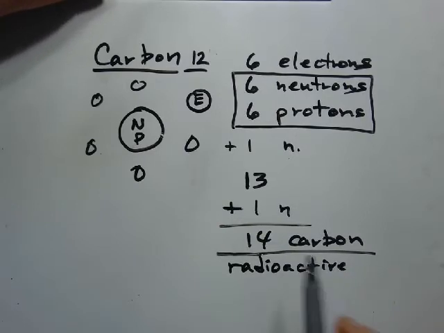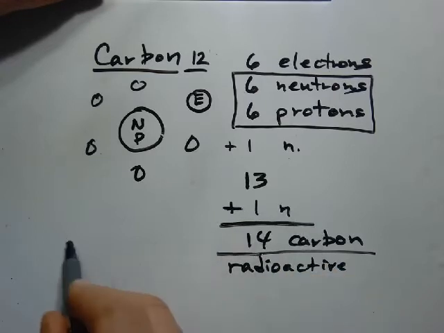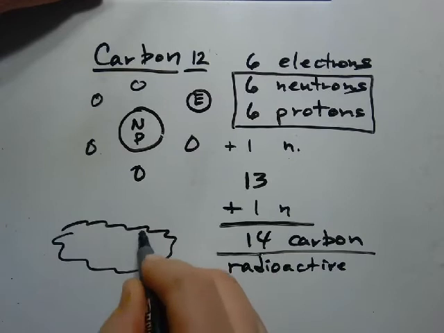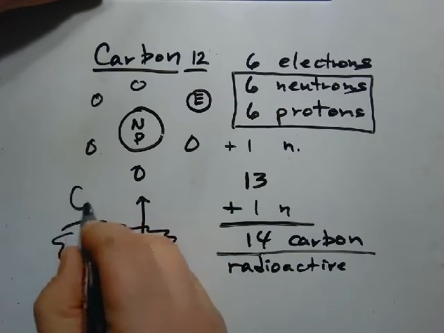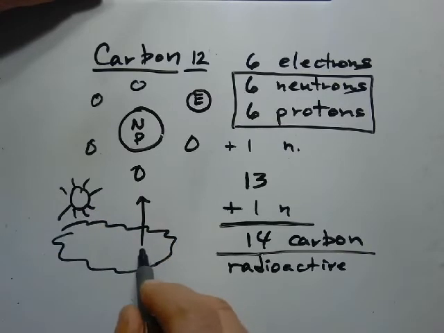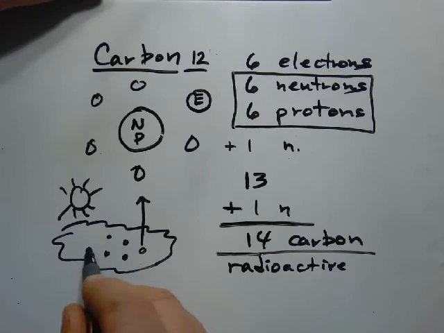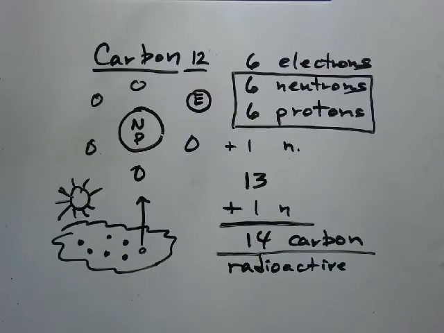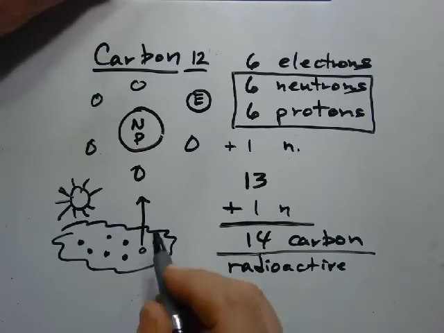What will happen is a little bit like what happens if you had a puddle of water. On a sunny day, the sun comes out, it beats down on that puddle of water, and what happens is that these water molecules want to fly off and evaporate. Well, it's very similar to what happens with carbon-14.